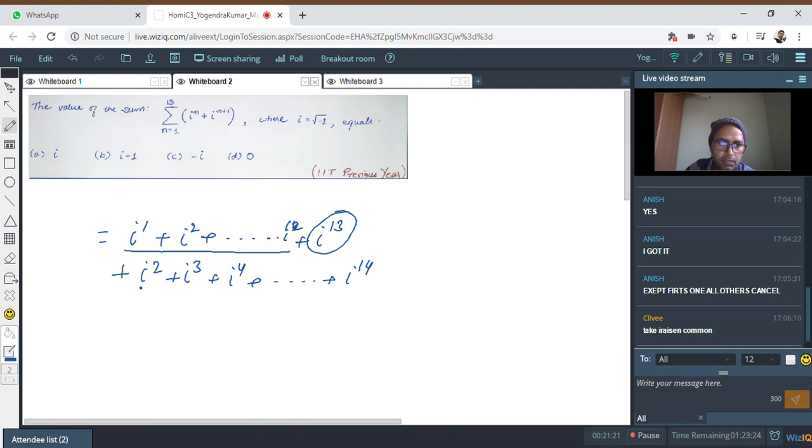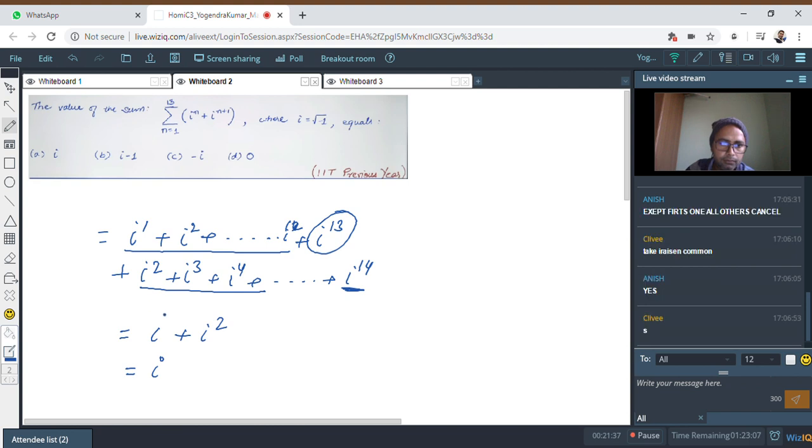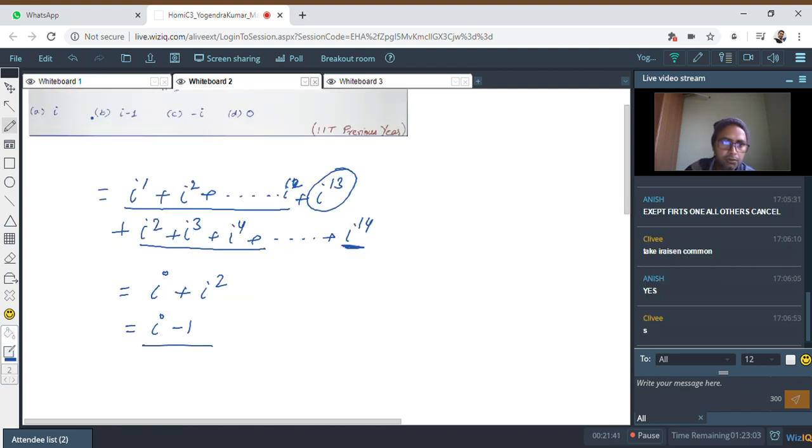Now same way here, 4 consecutive powers if you make, again 1 will be left out, this i power 14. So i power 13 divided by 4 will give you i only, and this will give you i power 2. So this is i and this is minus 1. Simple, correct? So B option. Understood? Okay, that was simple.